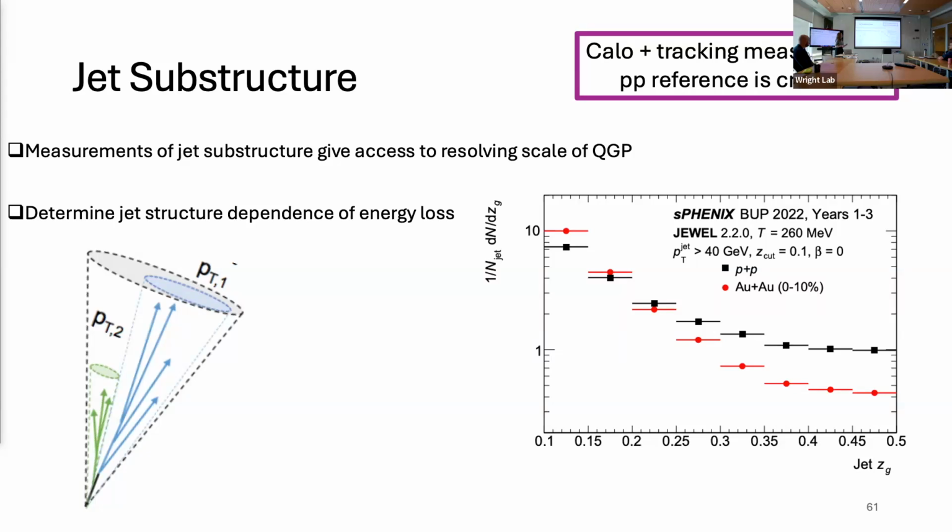And so you can look at something like the ZG. This is basically related to the splitting here, and understand the jet scale. This is another measurement that is lacking a bit compared to the projections that we've shown before, due to the lack of the smaller calo plus tracking pp data set that we have right now.